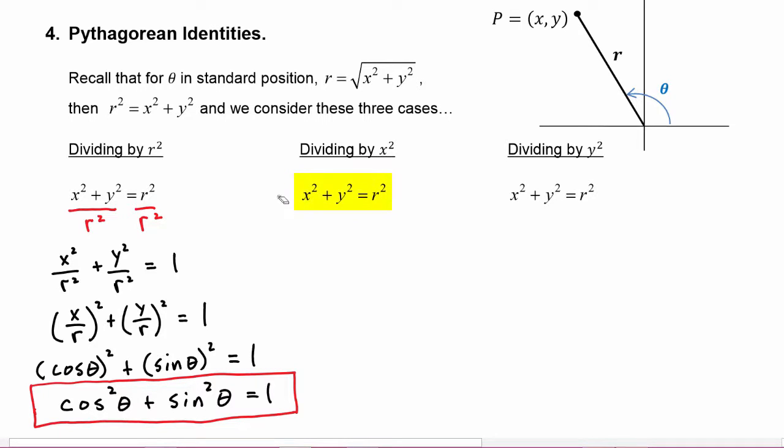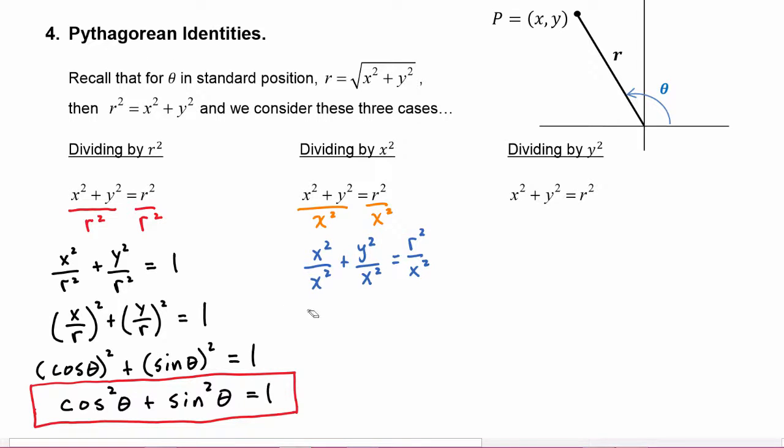Next, we'll start from that same equation, x squared plus y squared is equal to r squared, but this time we're going to be dividing both sides by x squared. So divide the left-hand side by x squared, divide the right-hand side by x squared. So now we're going to get x squared over x squared plus y squared over x squared is equal to r squared over x squared.